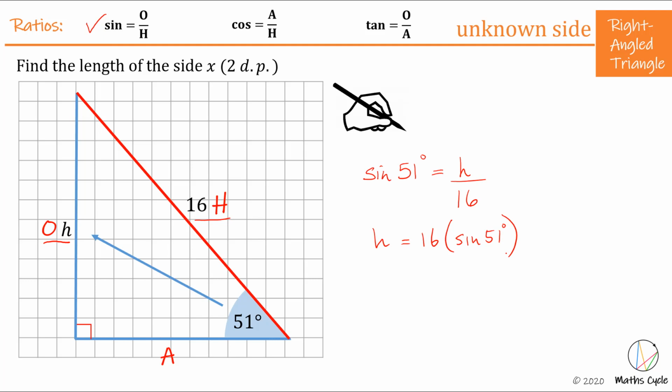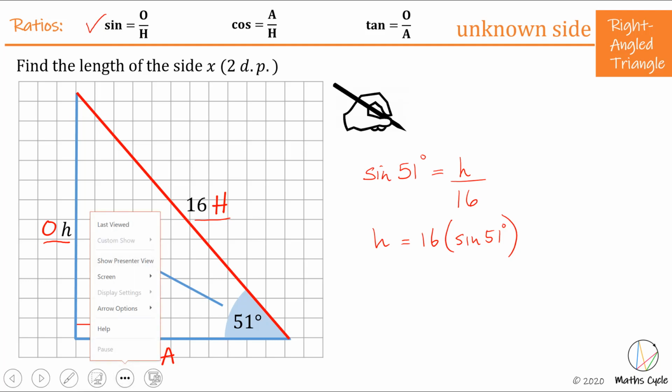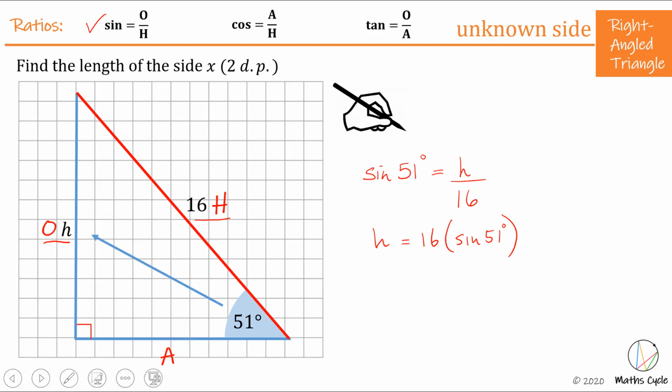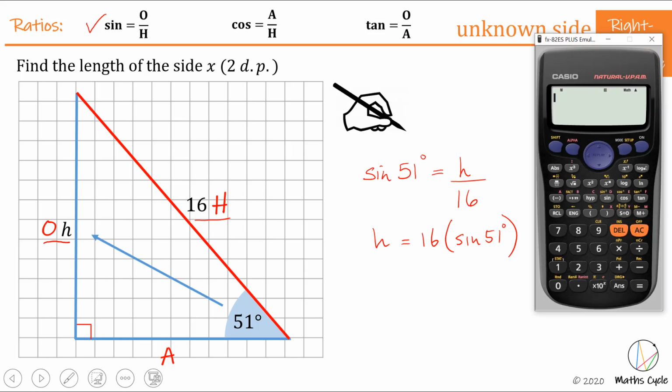And what you can do then is we have to find the sine of 51. So I'll get my calculator here. You can either get the sine of 51, so press sine 51, and that's your ratio, 0.7771, and then multiply that ratio by 16 to get your answer.